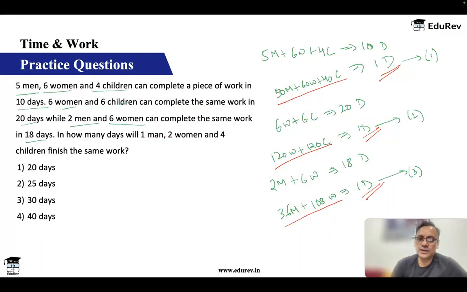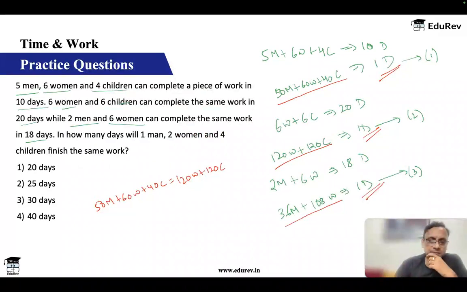Let's equate equations 1 and 2. 50 men plus 60 women plus 40 children is equal to 120 women plus 120 children. What does it give me? 50 men is equal to 120 women... in fact, let's solve from here. 120 women minus 60 women is equal to 60 women, plus 80 children.